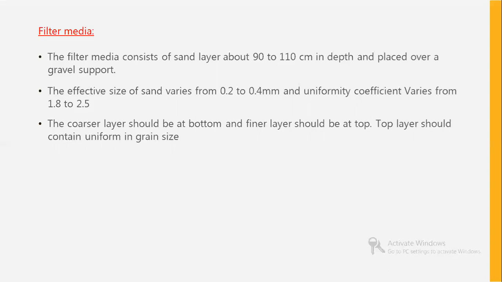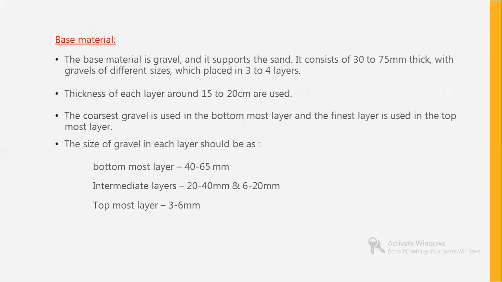The effective size of sand varies from 0.2 to 0.4 mm and uniformity coefficient varies from 1.8 to 2.5. The coarser layer should be at the bottom and thinner layer should be at the top. The layer should contain uniform grain size.